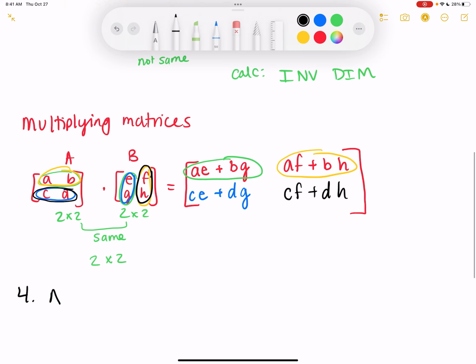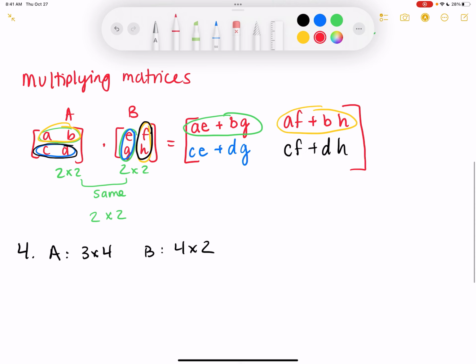We have matrix A is a 3 by 4 and matrix B is a 4 by 2. So we've got a 3 by 4 and a 4 by 2. So the middle terms, they're the same. So my result is a 3 by 2.